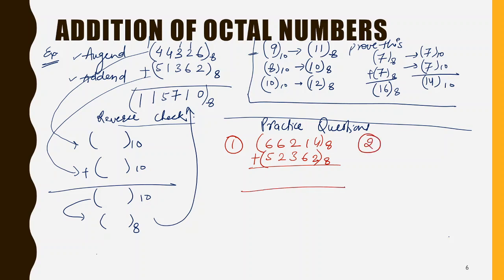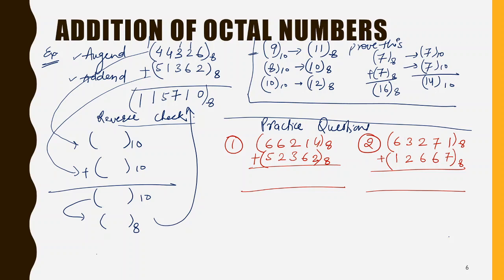Then I would do 63271 and 12667. You do these two sums for your practice of addition of octal numbers.